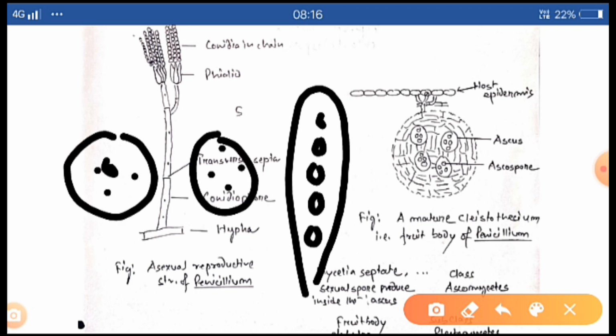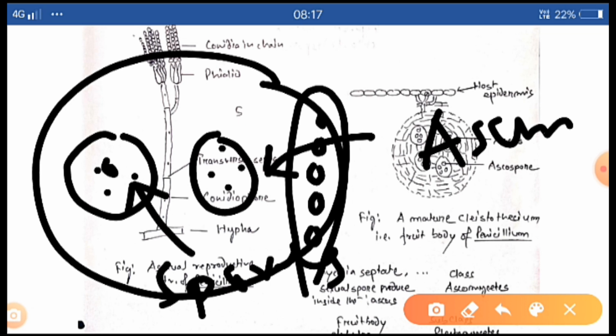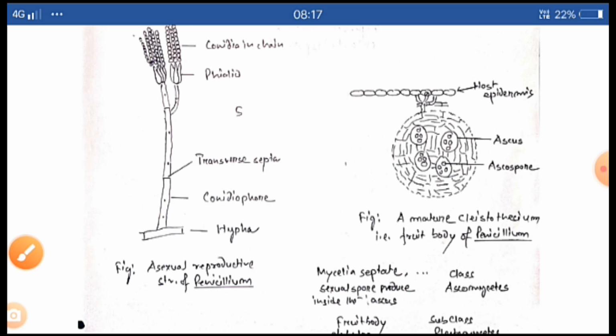This one is another ascus and these are the spores. And these asci are placed inside a globular fruit body, ascocarp. So we may conclude that Penicillium performs sexual reproduction to produce ascospores inside the ascus, and these asci are formed inside a globular body.